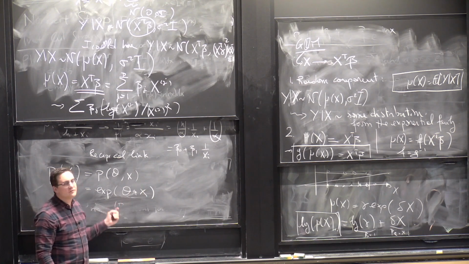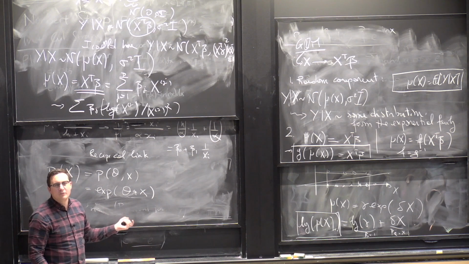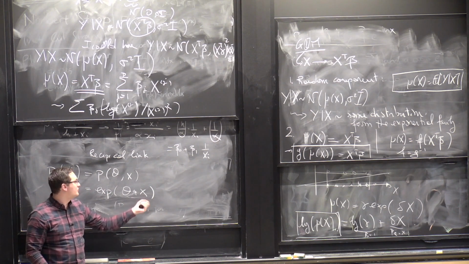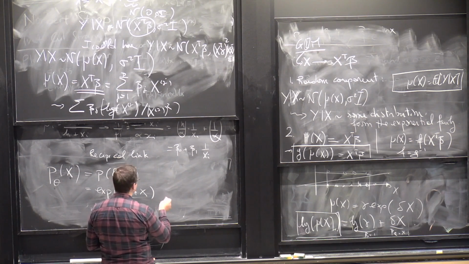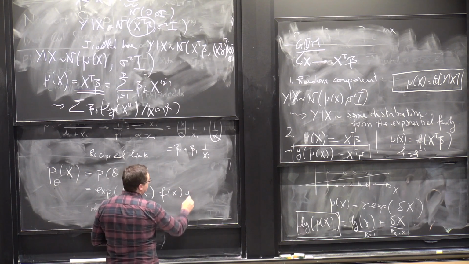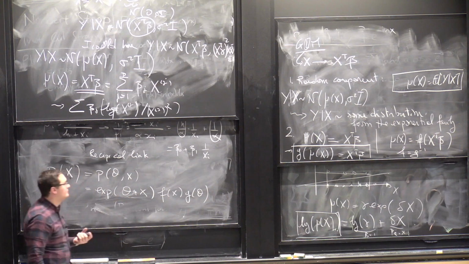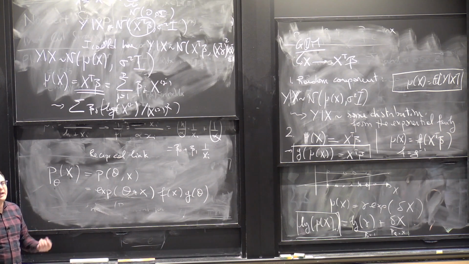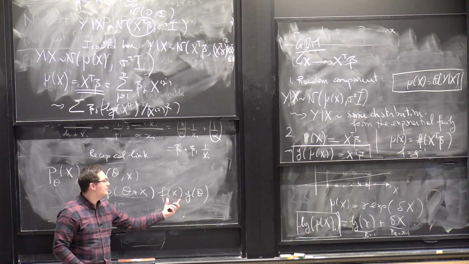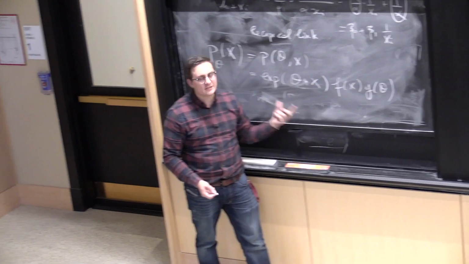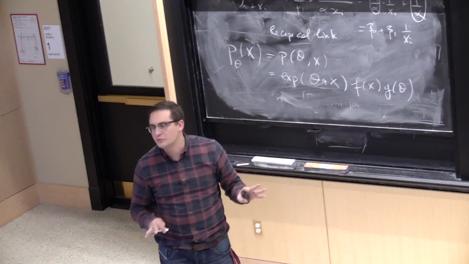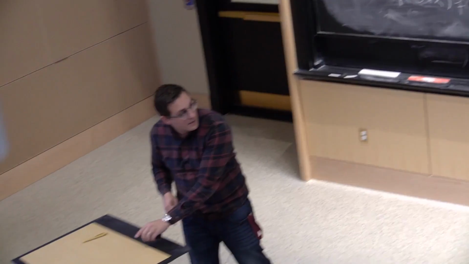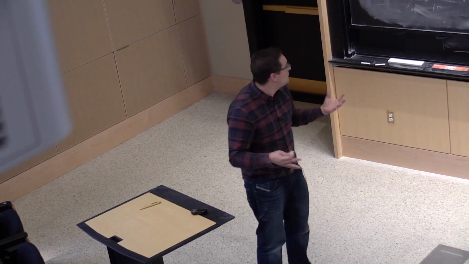Now, clearly, this is not a very rich family, so what I'm allowing myself is to slap on some terms that depend only on theta and only on x. Let's call them f of x and g of theta. So here I've restricted the way theta and x can interact. I have something that depends only on x, something that depends only on theta, and this very specific interaction. That's all that exponential families are doing for you. If we go back to this slide, this is much more general.